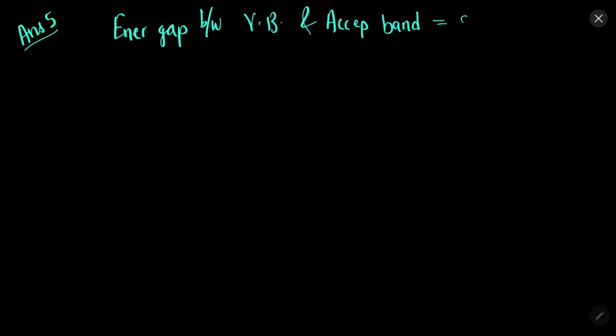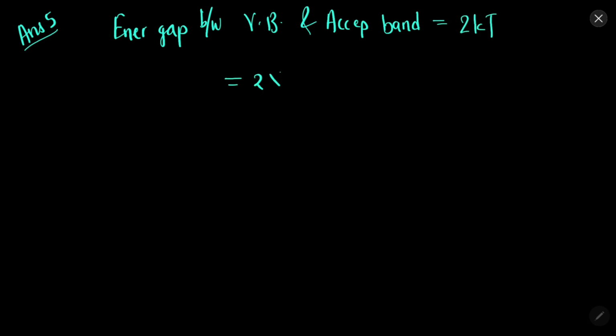So this is the fifth question. So what is the energy gap between the valence band and the acceptor band? So it is twice of kT.